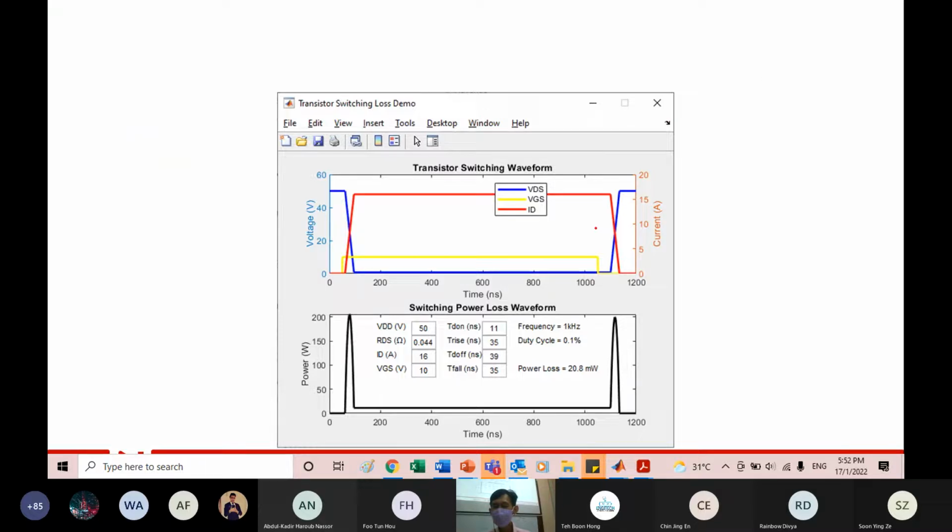I have written a very simple MATLAB program for you all to play around with. Oh yeah, I forgot to put the link. Never mind, I'll show you where it is.